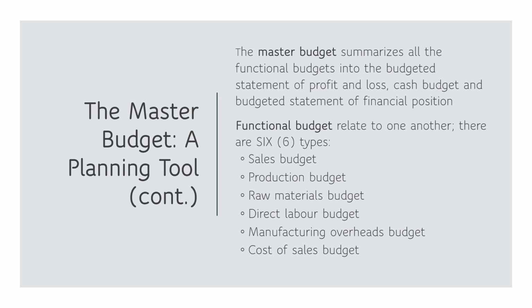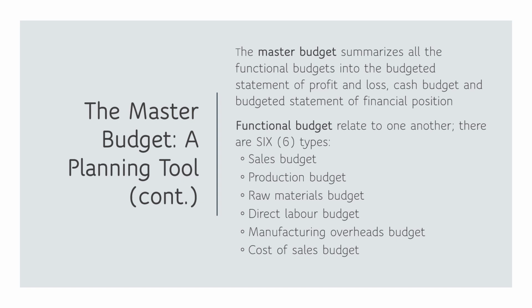Actually, there are six types. The first one is the sales budget. So the sales budget, like a revenue forecast, estimates how much the business expects to sell in terms of units and revenue. Which means that this budget is crucial because it influences all other budgets.